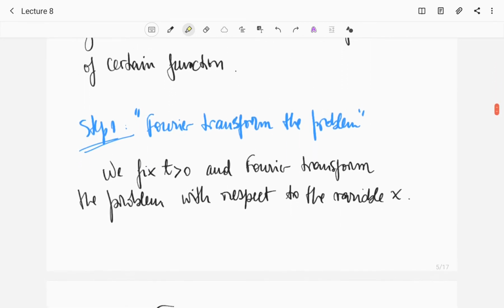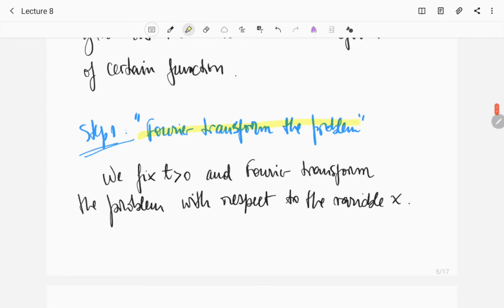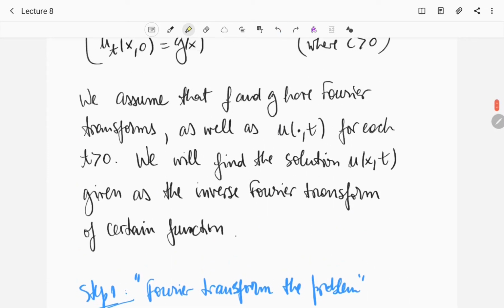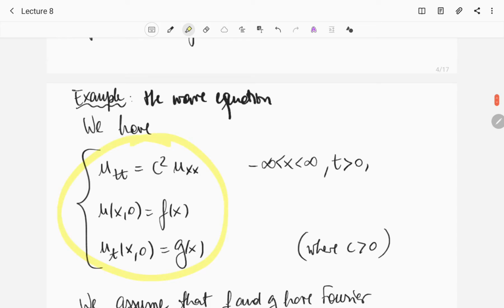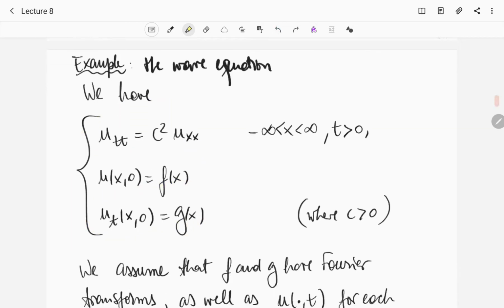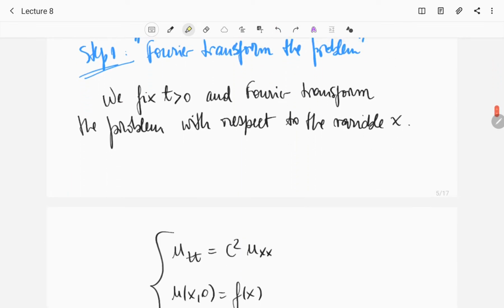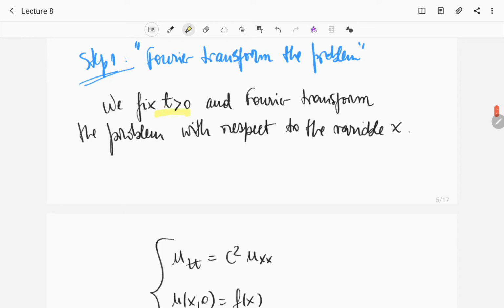Okay, first step, we Fourier transform the problem, which means we take this problem and apply the Fourier transform in each line and see what we get. Precisely, we fix t and we Fourier transform the problem with respect to the variable x.